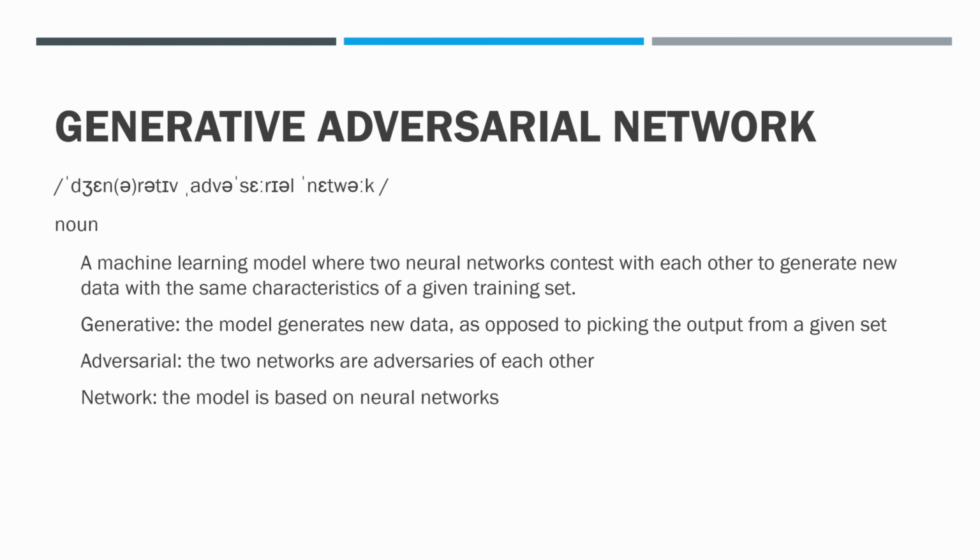And we call it adversarial because there are two networks and the two networks work as adversaries of each other. They basically compete against each other. And it's a network because this model is also based on the same concept as neural networks.